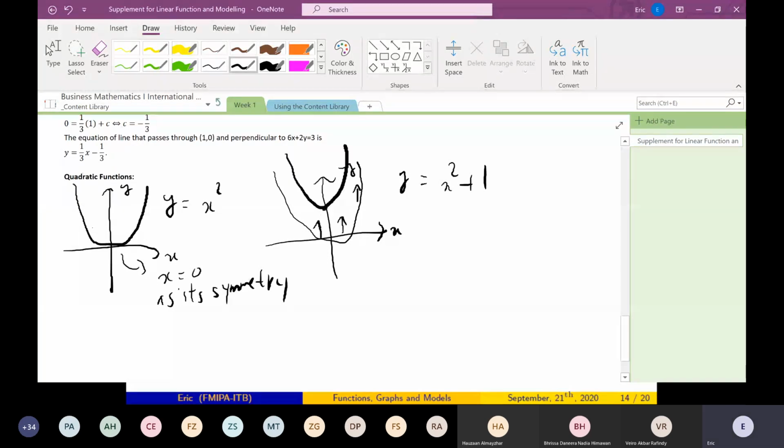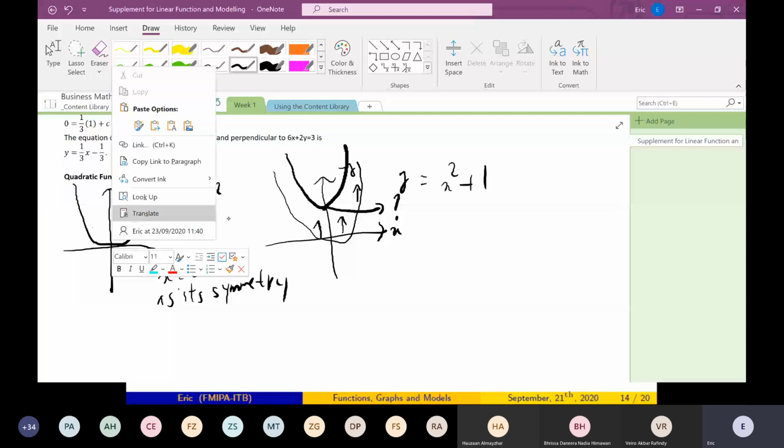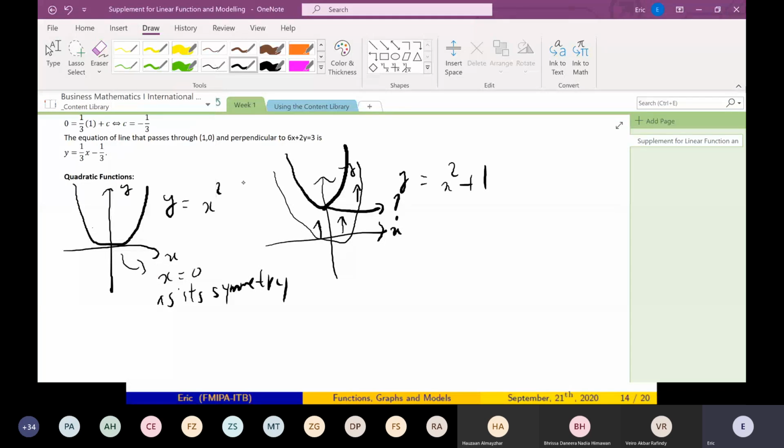My equation, what is this? What number is this? 1. All of this, don't forget, this is 0, 0. Because if I substitute x equals 0 in x squared, you have y equals 0. So it passes through 0, 0.